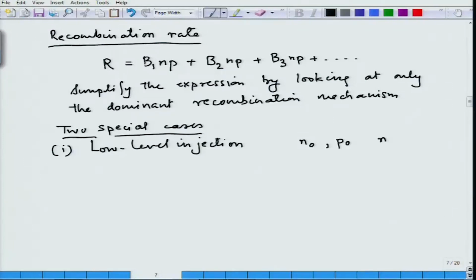and we know that this is basically N naught P naught equal to the intrinsic carrier concentration squared.